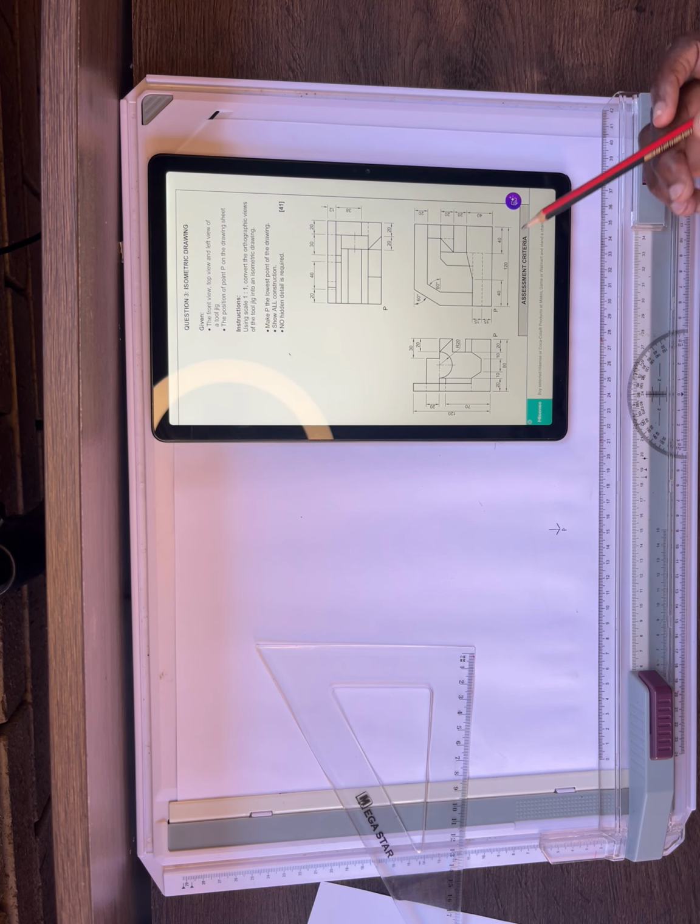Take it downwards. Like this. Then from here all the way down, from this one we're going to make it solid.